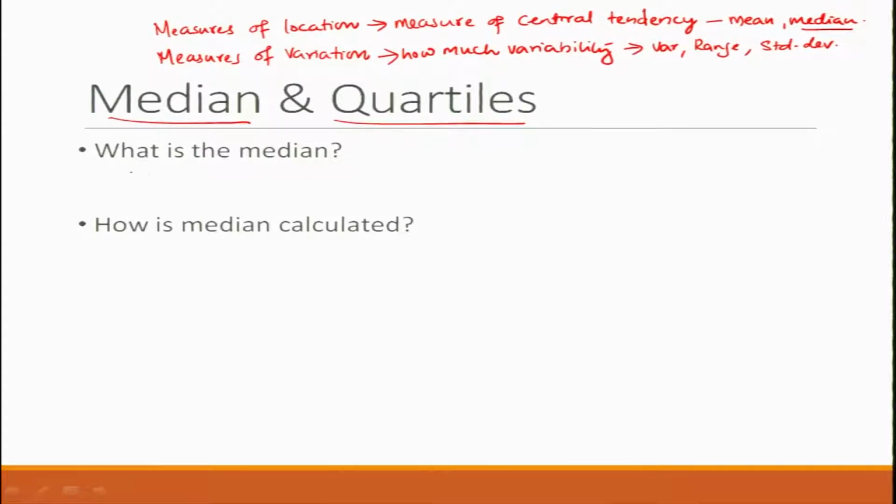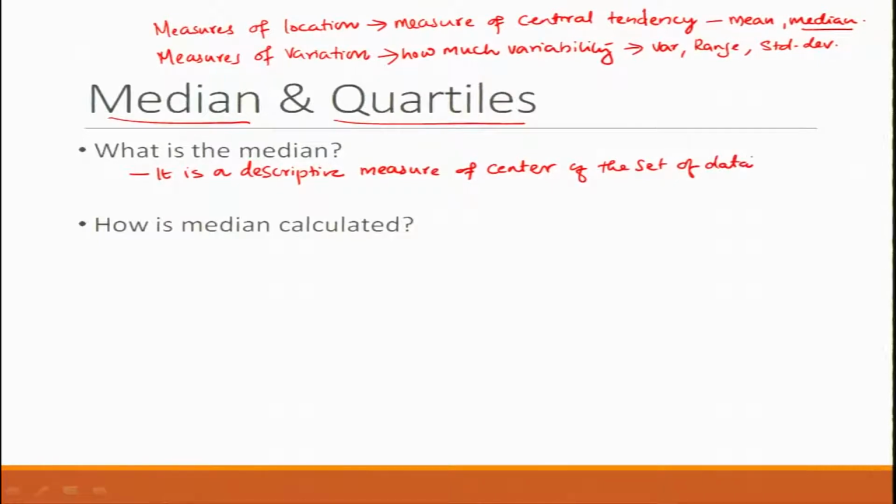And let us say what is a median? A median is a descriptive measure of center of the set of data.